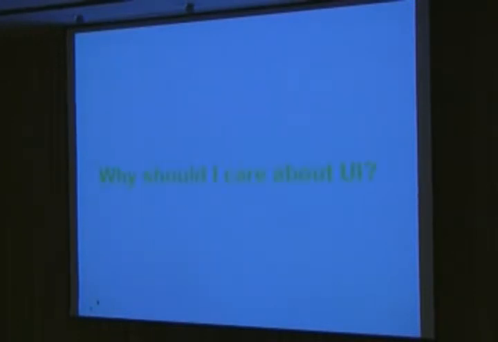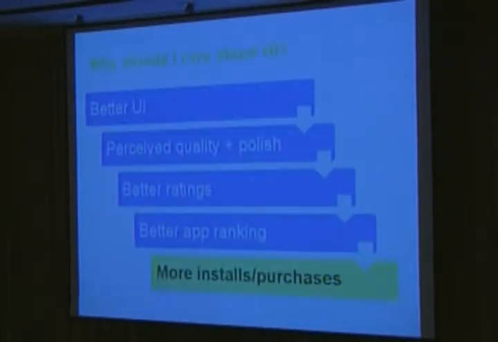Before I get started, the first question is, why should we care about UI at all? Can anyone give it a shot? Why should we care about UI? Okay, it turns out there are many reasons. A better UI will improve the perceived quality of your Android application and make your application look more polished.